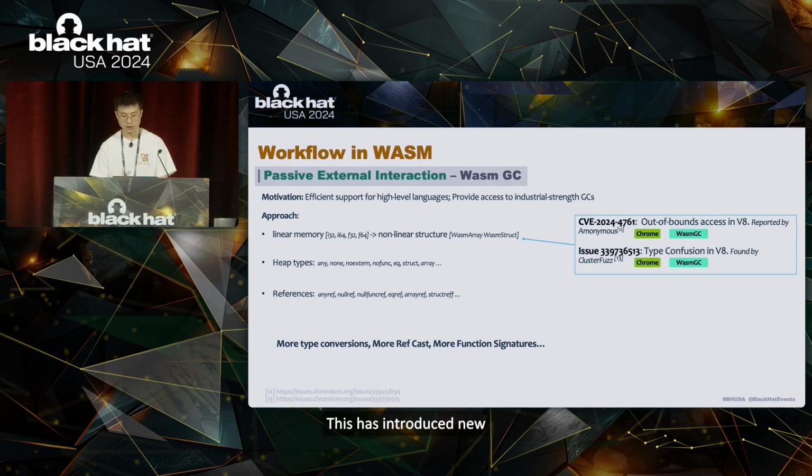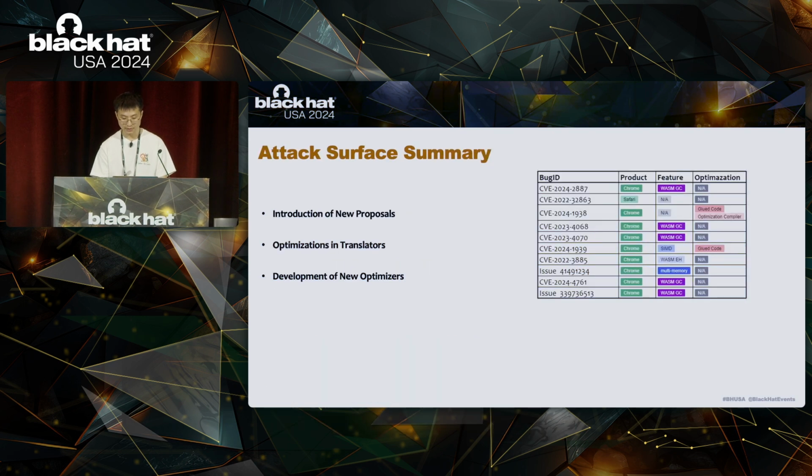This has introduced new objects like WASM array and WASM structure. So far, we haven't observed vulnerabilities directly tied to the garbage collection feature itself. The primary concerns are the new structure objects that break certain security assumptions, leading to issues like multiple definitions of the same property of the object.